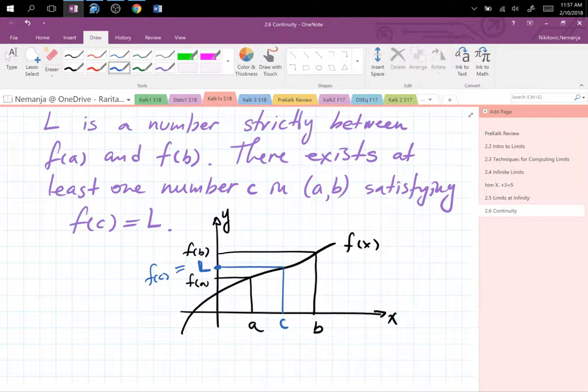Okay, I'll go over there. So there are f of a and f of b which are produced by a and b. And if you pick any number L between these two, there has to be a c that made that L, produced that L, whatever. It doesn't sound like much, right?